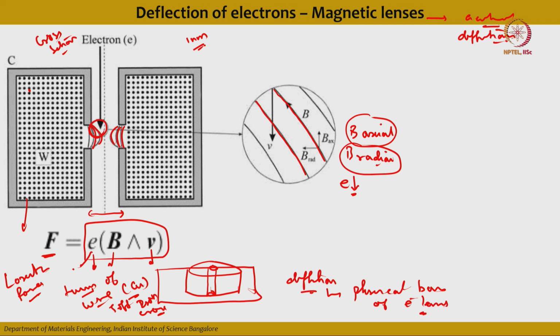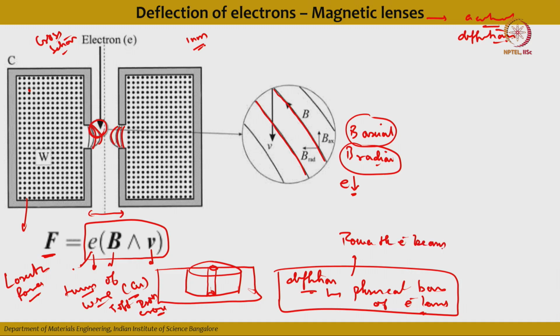Okay, and this deflection process, while the electron travels across the column, is usually used to focus the electron beam. Okay, and these magnetic lenses are preferred because they create low aberrations.